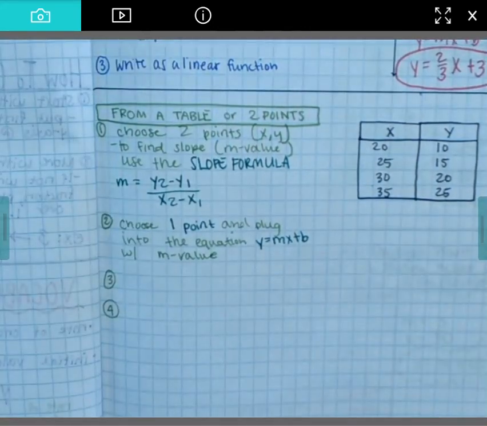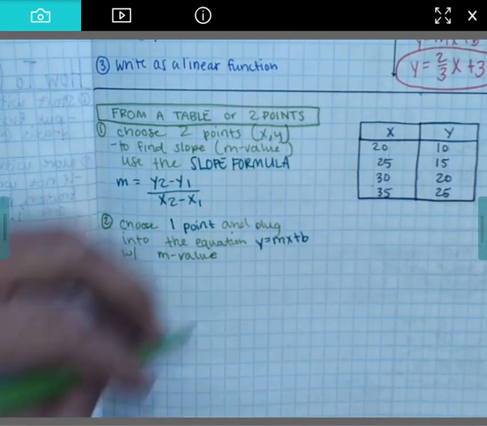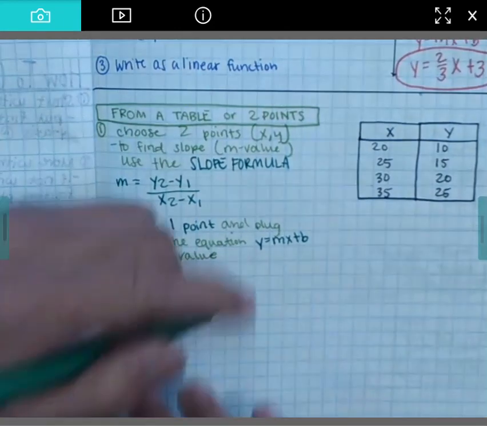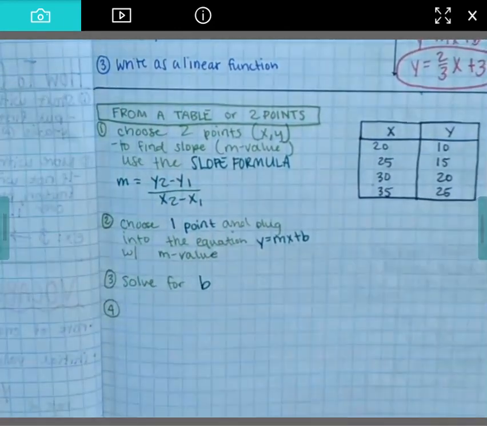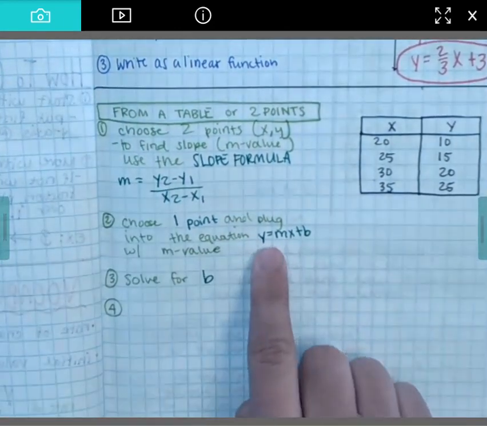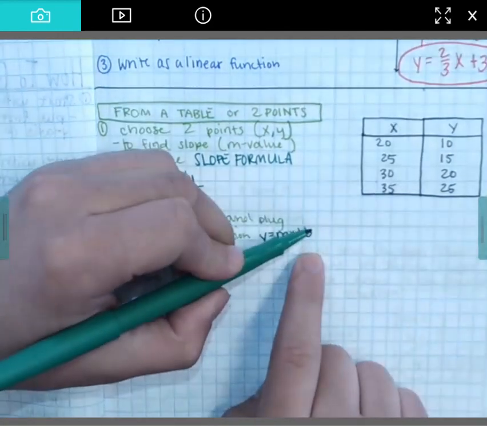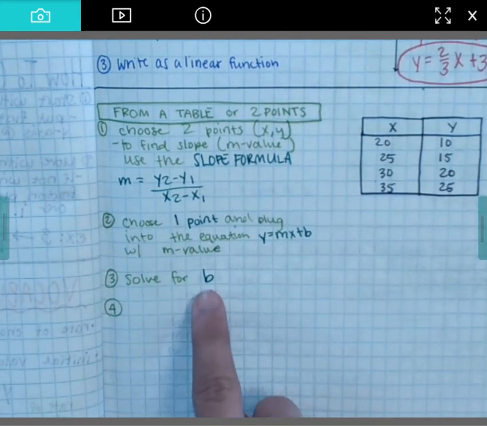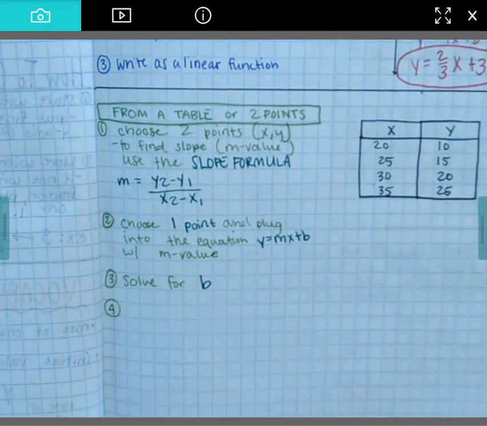Our third step is to solve for b. After we put that point into y equals mx plus b with the m value, the only variable that's left is b. So once we are there, we can solve for b to figure out the y-intercept.